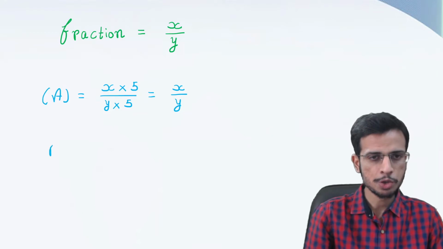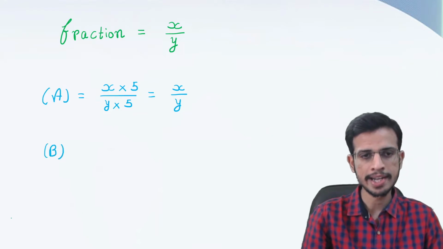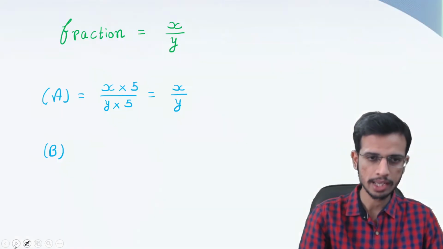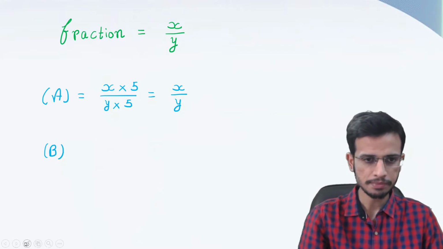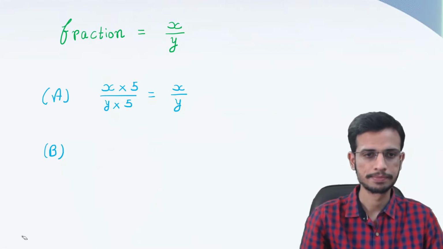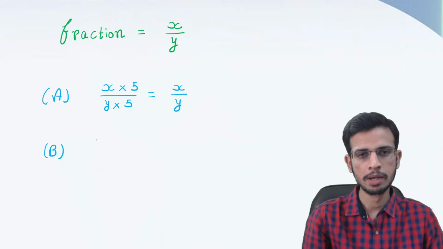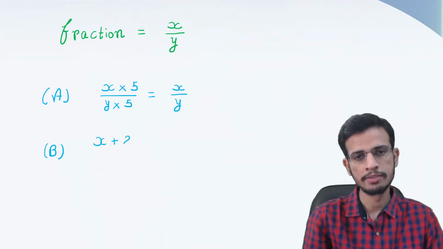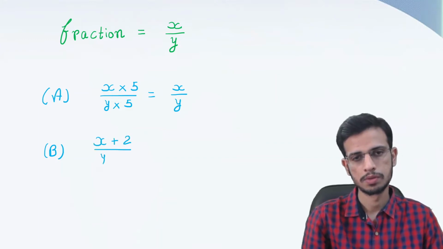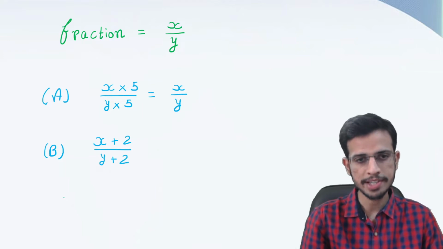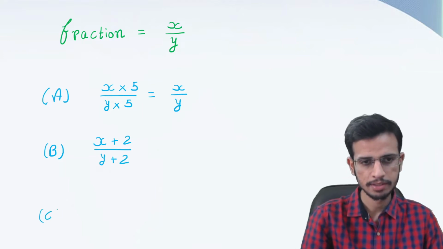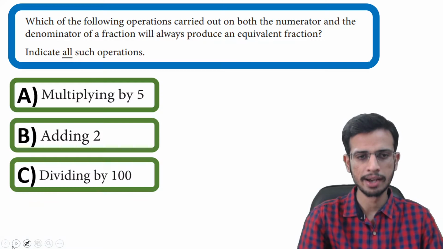In option B, you are adding 2 to the numerator and to the denominator. So it will become x plus 2 divided by y plus 2. In option C, you are dividing by 100.